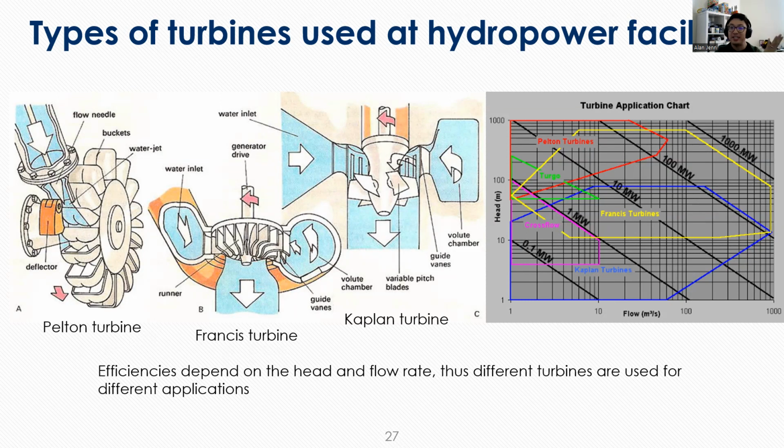But basically, different types of turbines can handle different types of conditions in your hydro facility. Depending on the construction of your facility and the water resource, you might put in a different type of turbine. Turbines can handle different pressures generated by height differences, the head, as well as flow rates of your water.